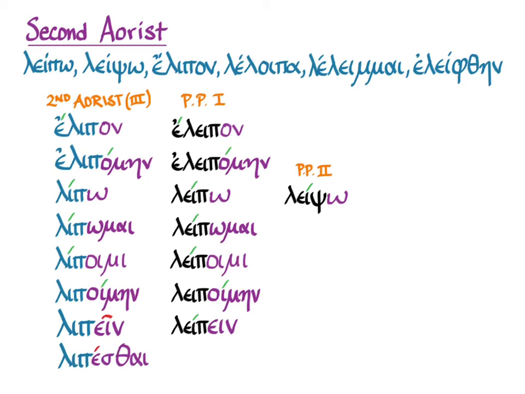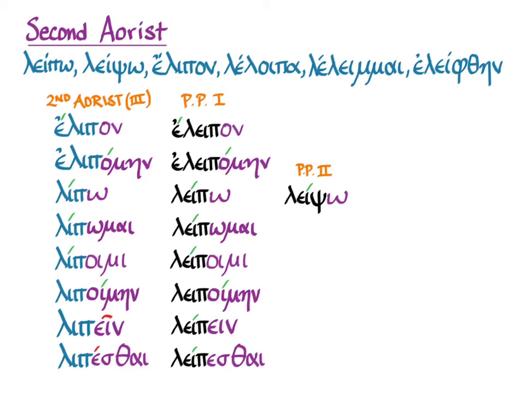And the same is going to be true with lipesthai, which is the aorist middle, and lepesthai, which is the present middle and passive infinitive. So the difference is, to cause to be left is lipesthai. Lepesthai can be either to cause to be left or to be causing to be left or to be left or to be being left.